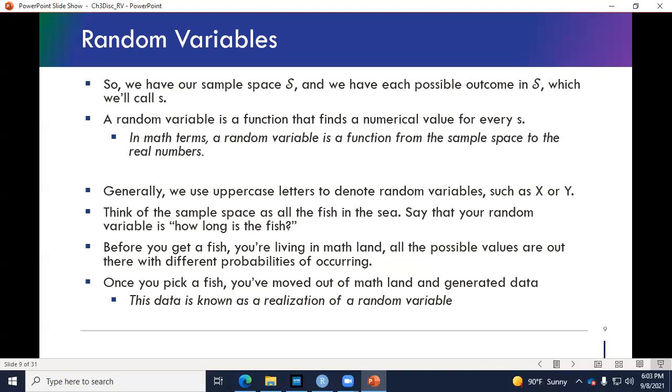It's random. Once you pick the fish, you've moved out of this math land and generate data. This is called a realization of a random variable. Before you get it, it's all random, with the probability of getting different lengths of fish. But once you pick one, you get a realization of a random variable.